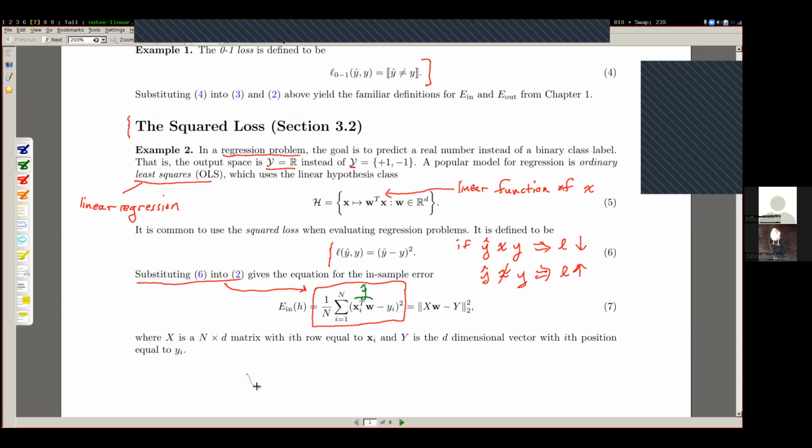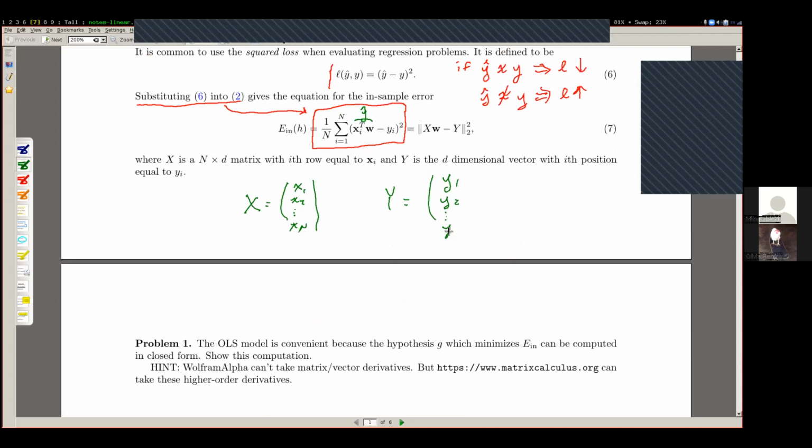But now this X value is a matrix that contains all of the other X values just stacked upon each other like this. The number of rows is the number of data points, and the number of columns D is the number of features of this X matrix. And then Y is similarly defined to be all the Y values just stacked upon each other like this.